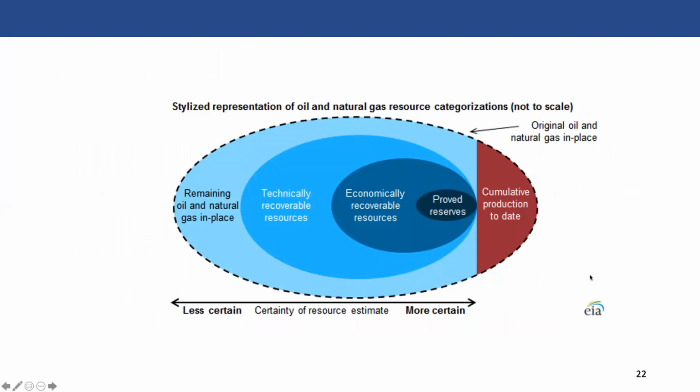And so the cumulative production to date, that's everything you've already gotten. You've got your proved reserves, and so that is stuff that you've located but haven't used yet. Economically recoverable resources are stuff that's there, but that aren't worth recovering. And then technically, economically recoverable resources are things that you know are there and are worth recovering.